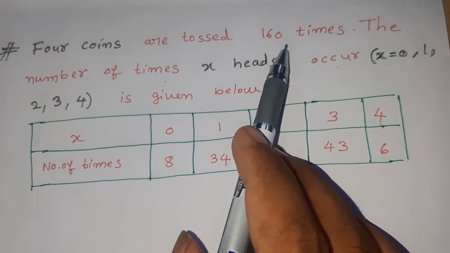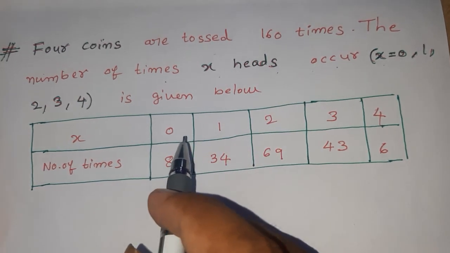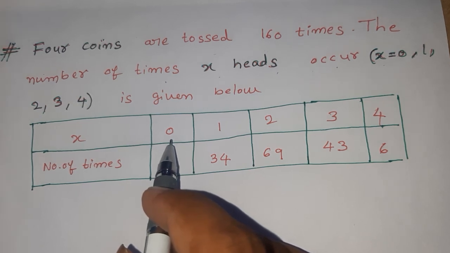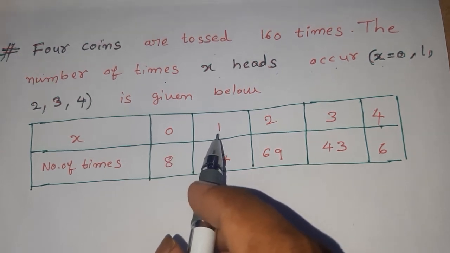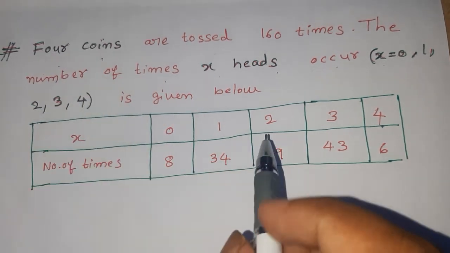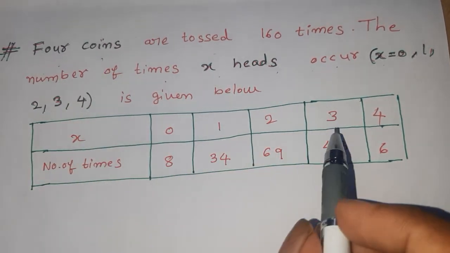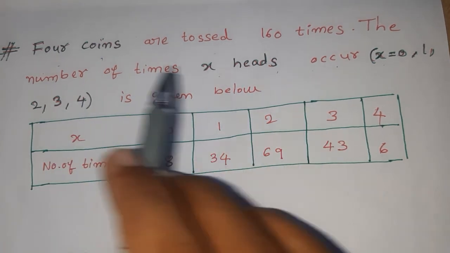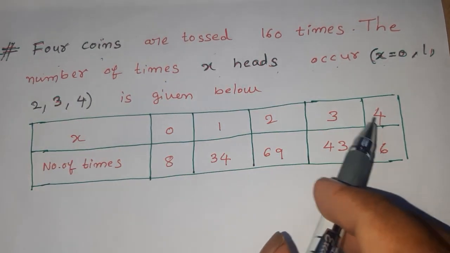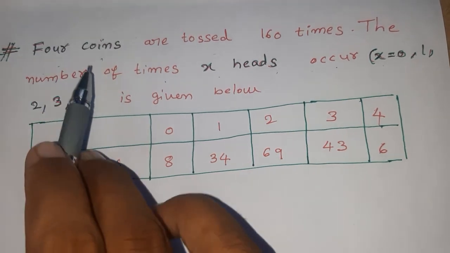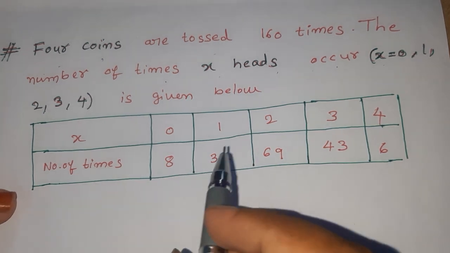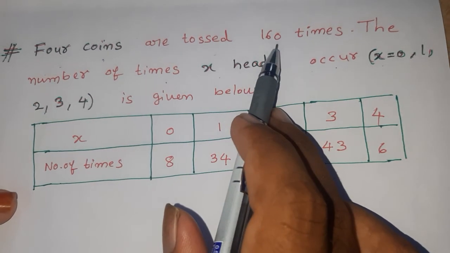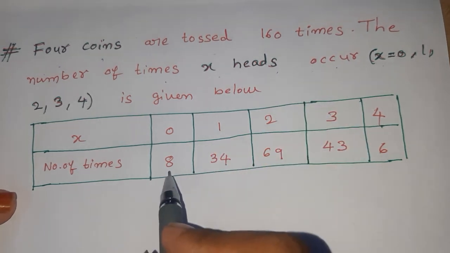In each case we may have all tails, that is no heads, or one head among 4 coins, or 2 heads among 4 coins, or 3 heads among 4 coins, or 4 heads among 4 coins.